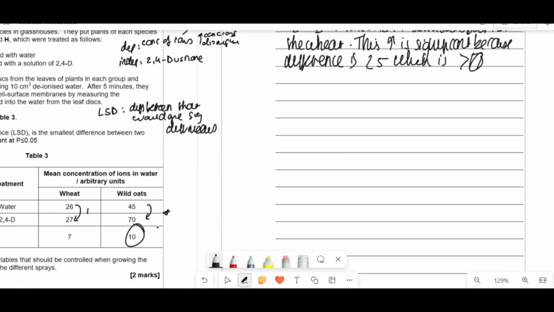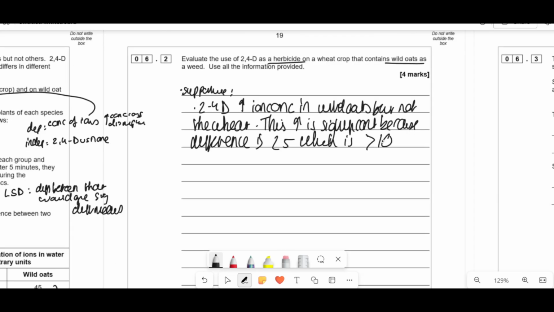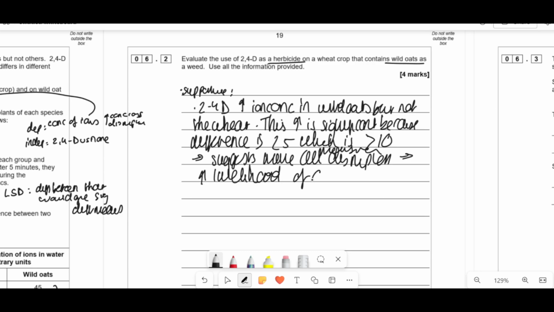Because that's the minimum difference you need in order for your difference to be significant, is what the question told you. There you go. So then, this still doesn't explain why that supports it. You're just repeating back the data. This means that it suggests more cell membrane disruption, which suggests increased likelihood of death. Right? Cool. But then we need to look at some limitations.